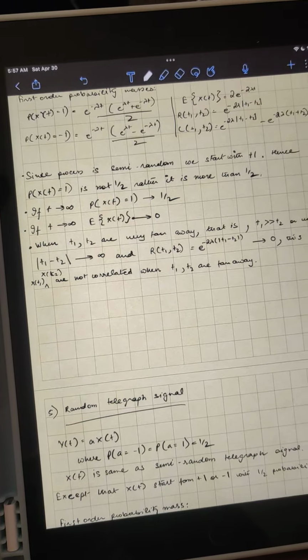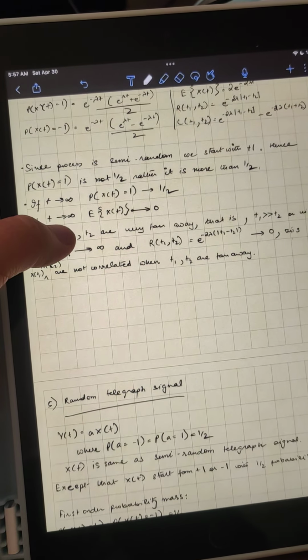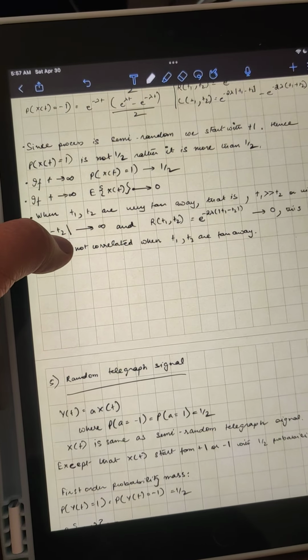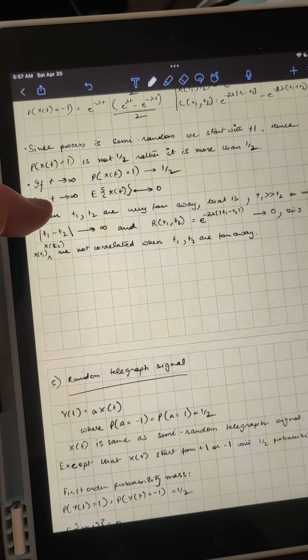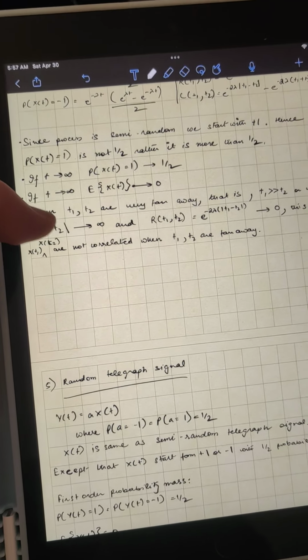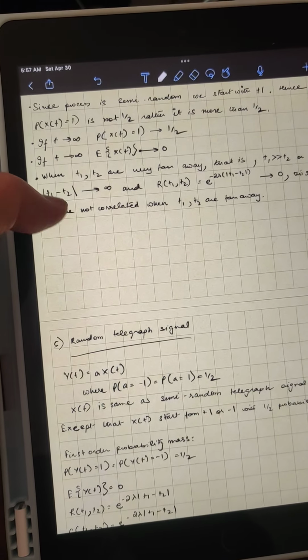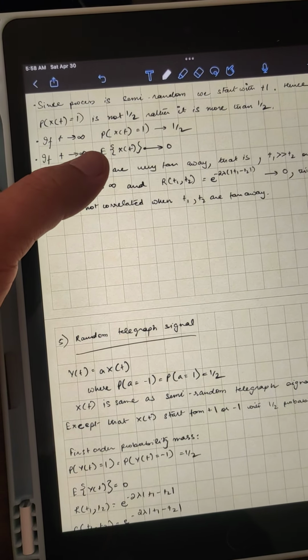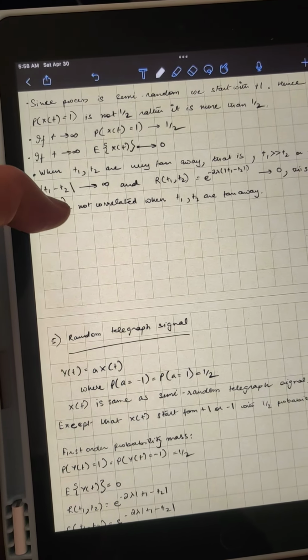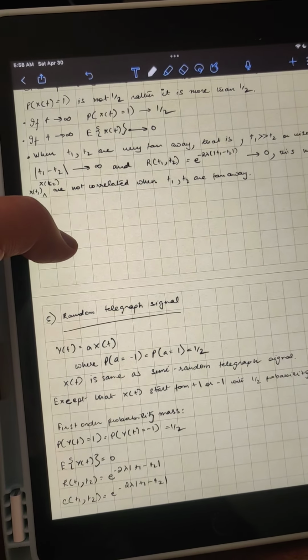Since the process is semi-random, as I told you, it starts with always +1. Hence p of xt equal to 1 is not half, rather it is a bit more than half, because obviously it starts with 1. So as t tends to infinity, p of xt equal to 1 becomes half, and expectation tends to 0.